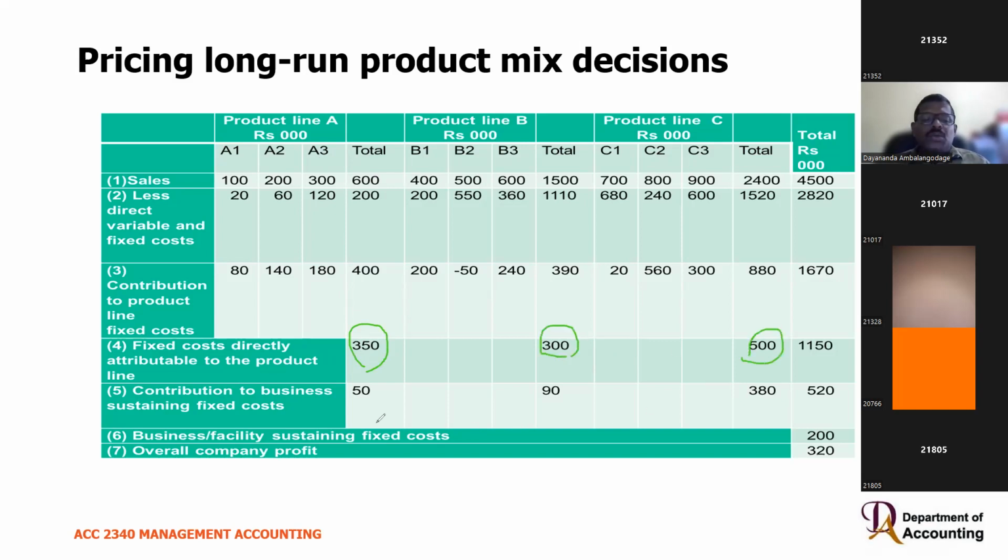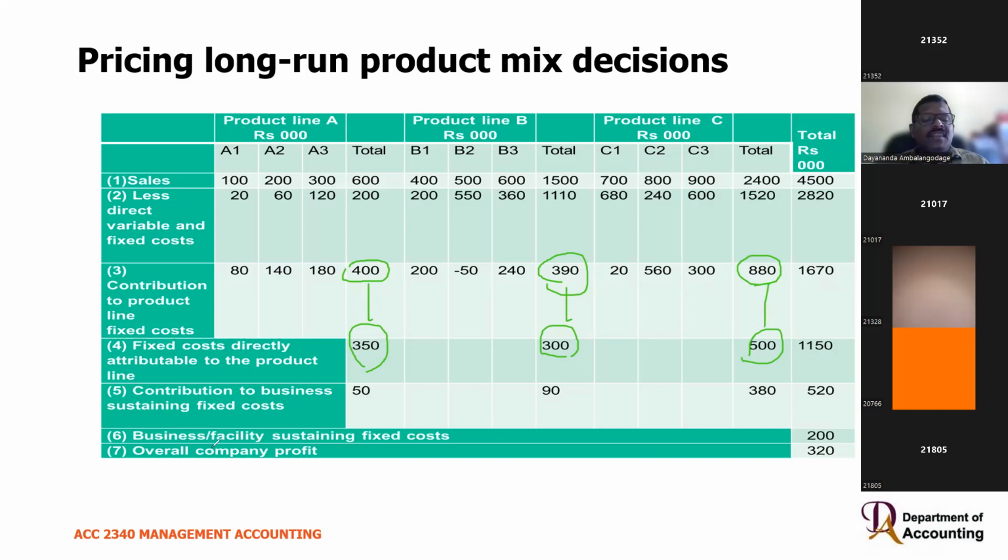So now what you get is the total profit from the product A line, the total profit from the product B line, and the total profit from the product C line, which will now match with the fixed cost directly attributable to that particular product line.